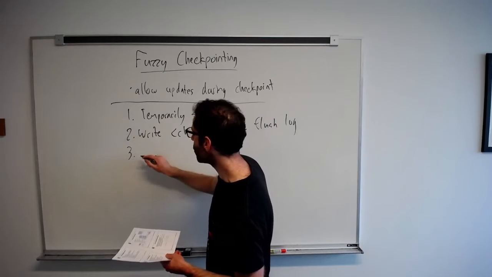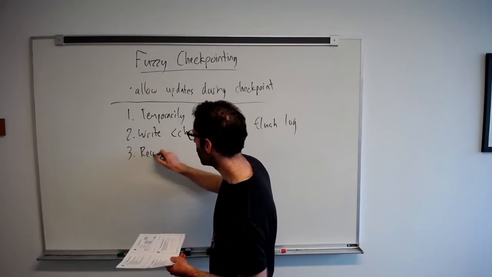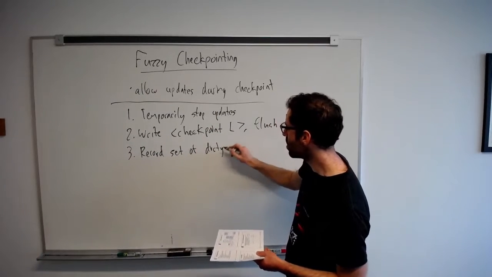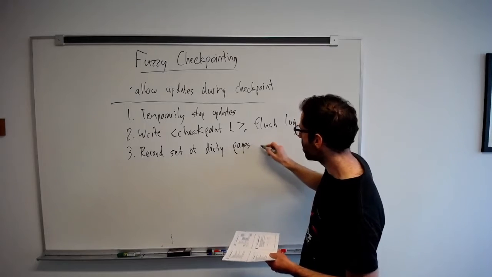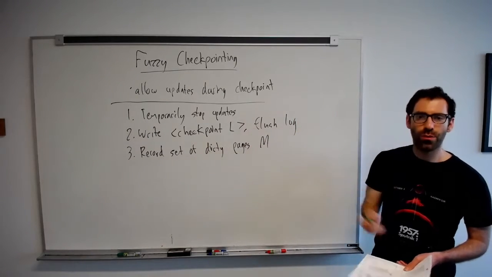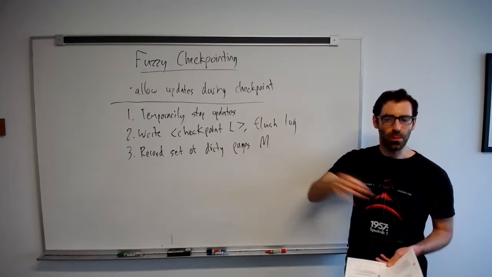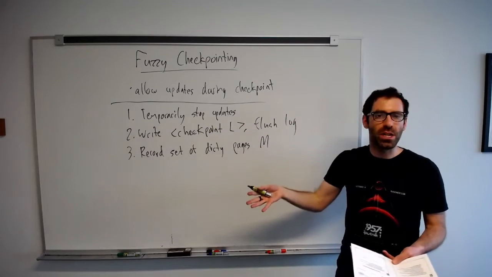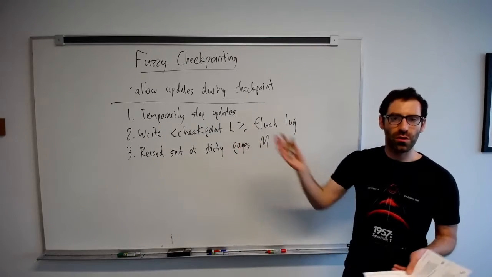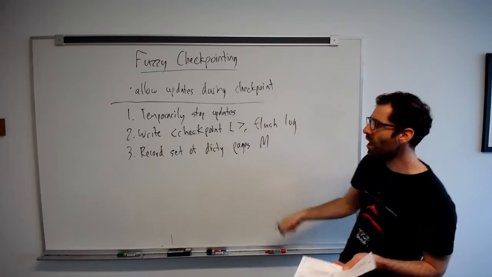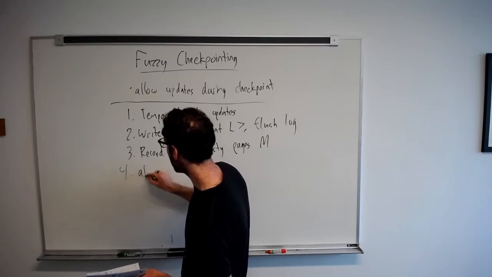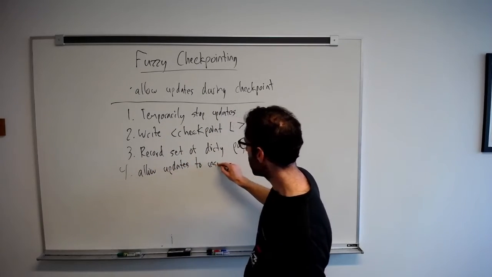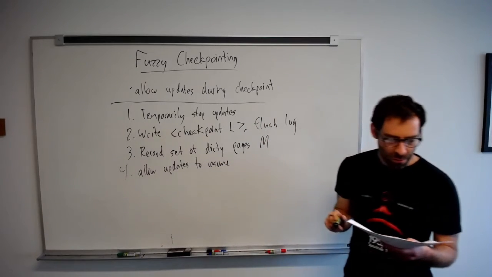And the other thing we'll do is do a scan through our buffer pool, and this is the pages in memory, so this is quite fast. But we're just going to scan through the buffer pool and record which are the dirty pages. There's some set M that is all the pages in the buffer pool that are currently dirty. And at this point, we're going to allow updates to resume.